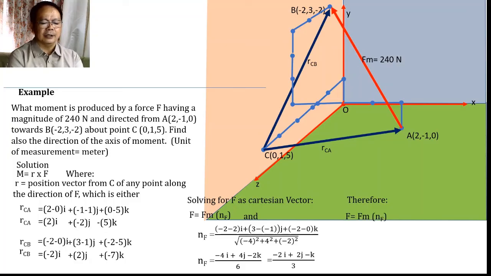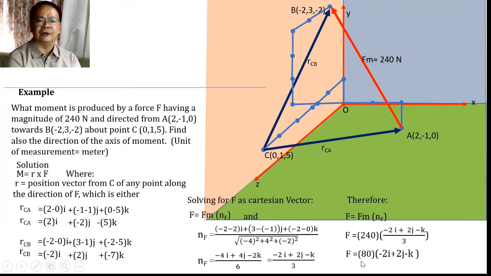So if this is substituted in the formula for the vector, that is F equals the magnitude of F times the unit vector n of F. Therefore, F shall be equal to 240 times the quantity (-2i plus 2j minus k) divided by 3, from which 240 will cancel, so that this gives us a simplified form of the vector F equal to 80 times the quantity (-2i plus 2j minus k).